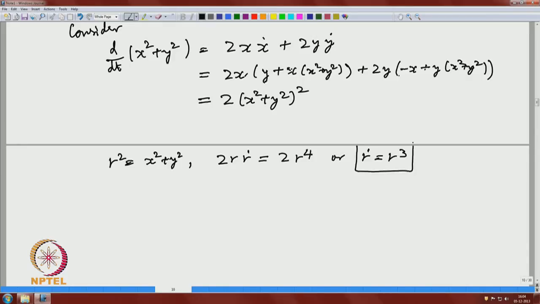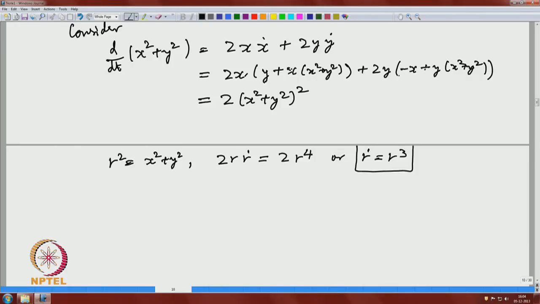Okay. So, for this single variable r, I get a first order nonlinear differential equation, that is fine. And you see this r is positive all the time, because we are taking x square plus y square.